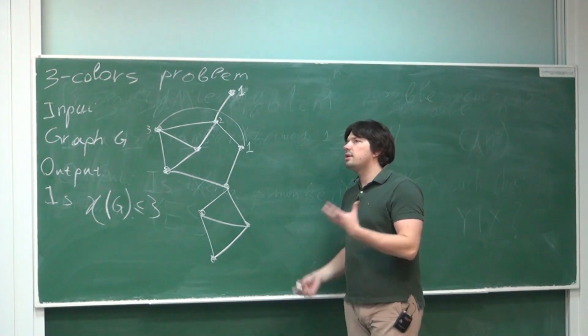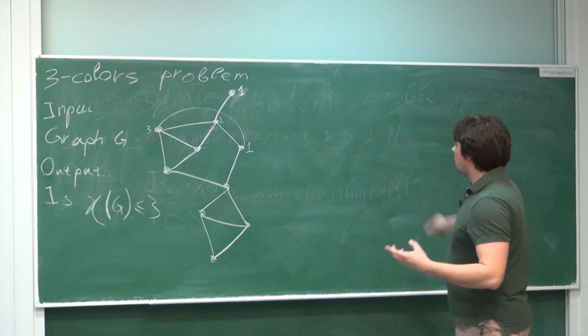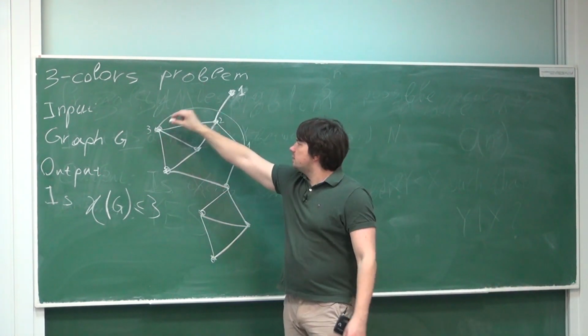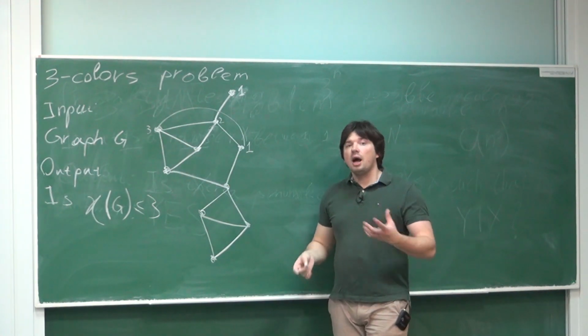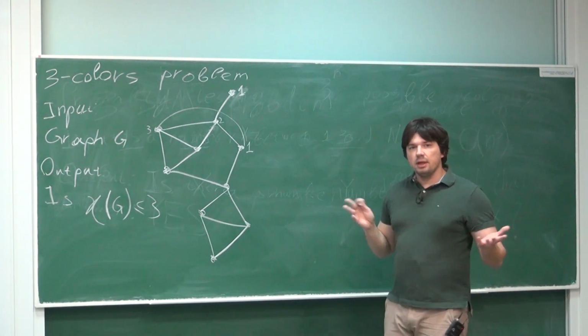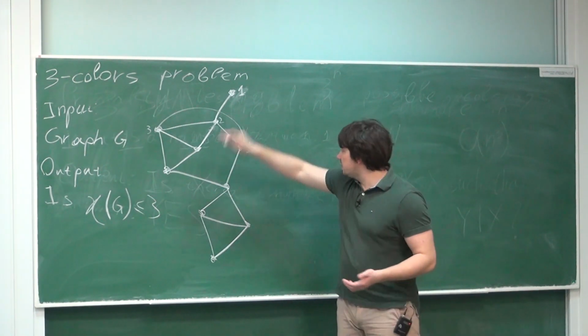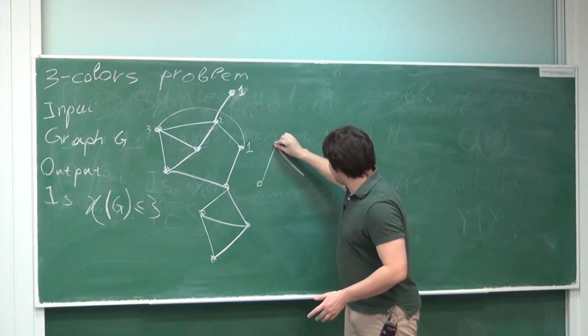And I'm also claiming that we will always be able to pick a node that already has a colored neighbor, unless our graph is disconnected, right? So theoretically, it was possible that our graph doesn't look like this; it looked like this.